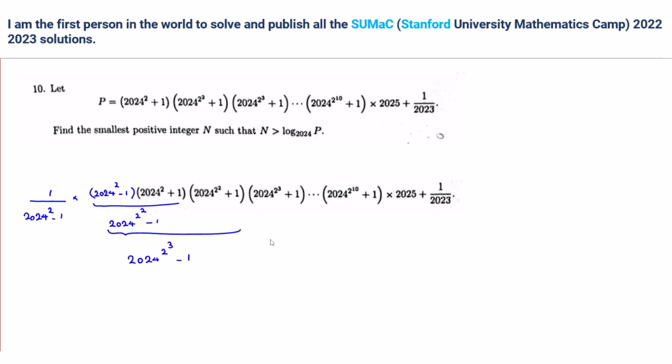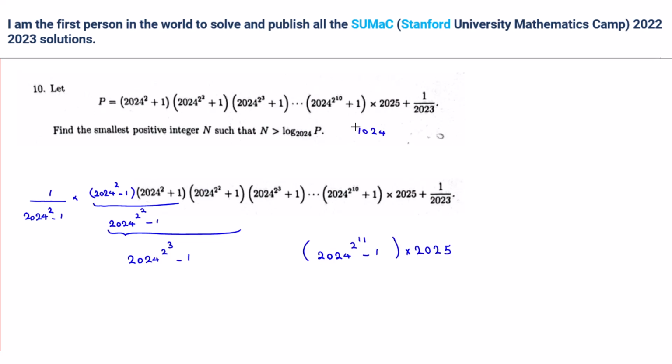So it is what? 1024. Let's calculate. If we keep writing until this, it would be 2024 to the power of 2 to the 11 minus 1, times 2025, to the power of 11. Try again?